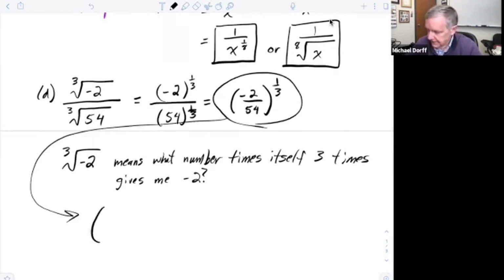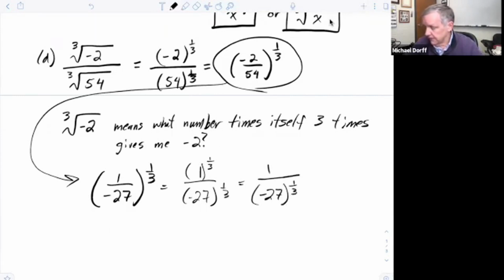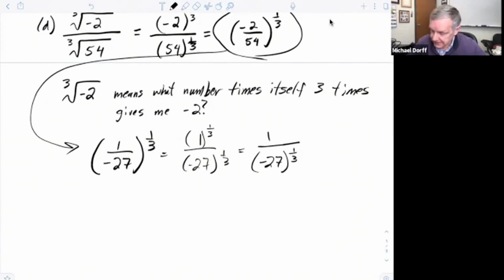And from there, I can simplify this to 1 over negative 27, to the 1/3 power. Let me do one more step here. So that's going to be the same as 1 to the 1/3 over negative 27 to the 1/3. And 1 to the 1/3 is 1. So really I just need to figure out what negative 27 to the 1/3 power is. All right, so let's break 27 down.